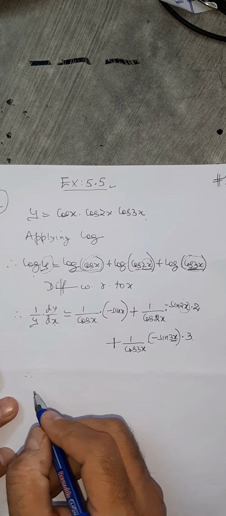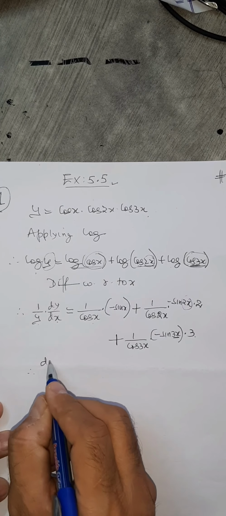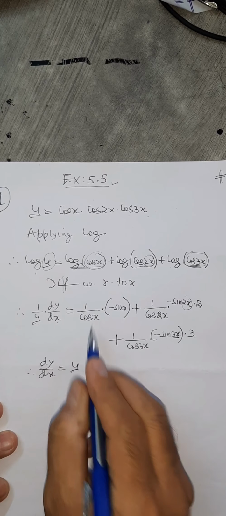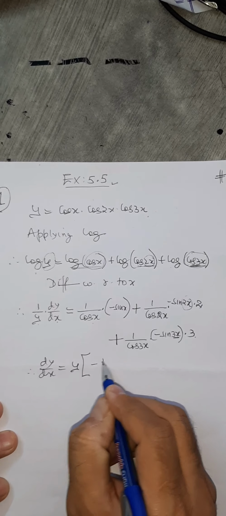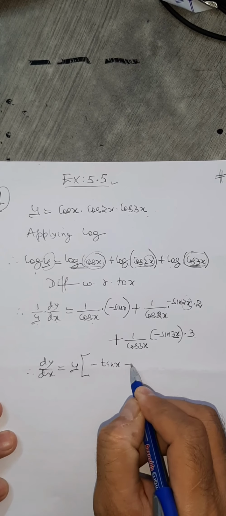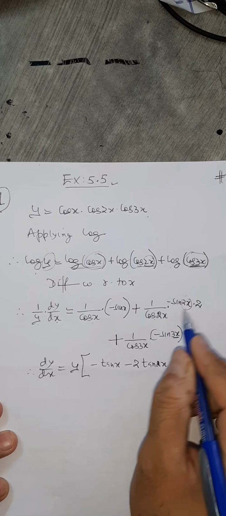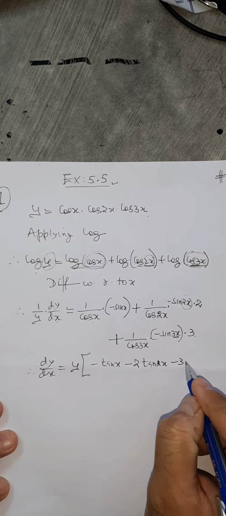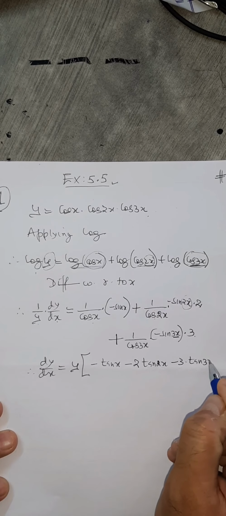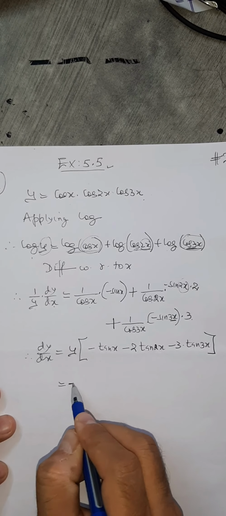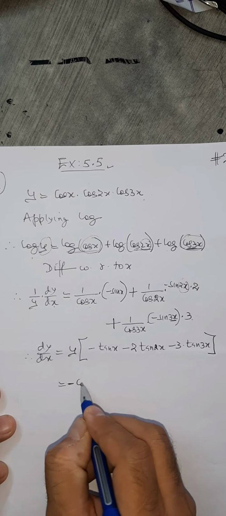So therefore, here dy by dx equals, this y will be in the product. This is minus tan x. This is minus 2 times tan 2x. Sine upon cos, minus 2, minus 3 times tan 3x. If you want, you can take minus common and the value of y. What's the value of y?